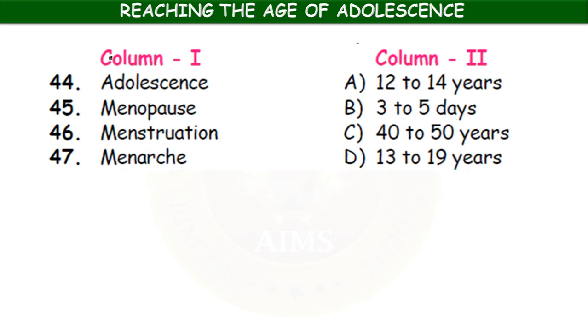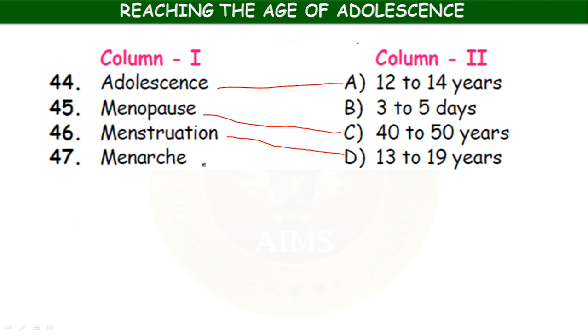Next, adolescence is the period between 12 to 14. Menopause is the age between 40 to 50. Menstruation, the period of bleeding, is 3 to 5 days in the females. Regularization of the menstrual cycle takes place between 13 to 19 years in the females.